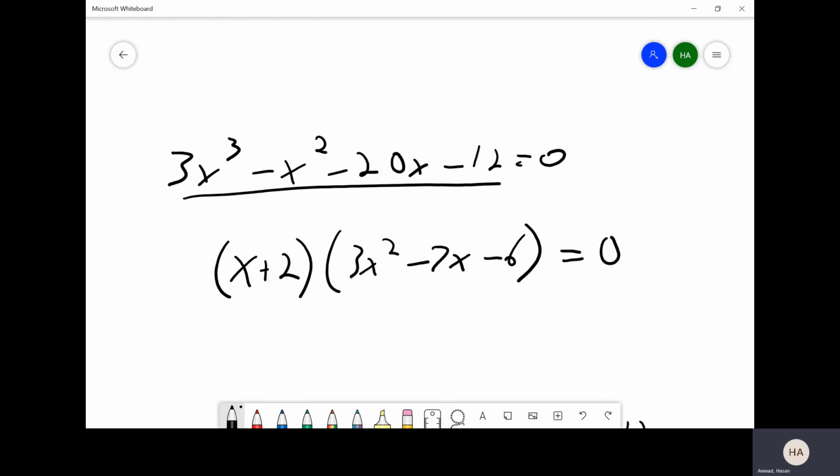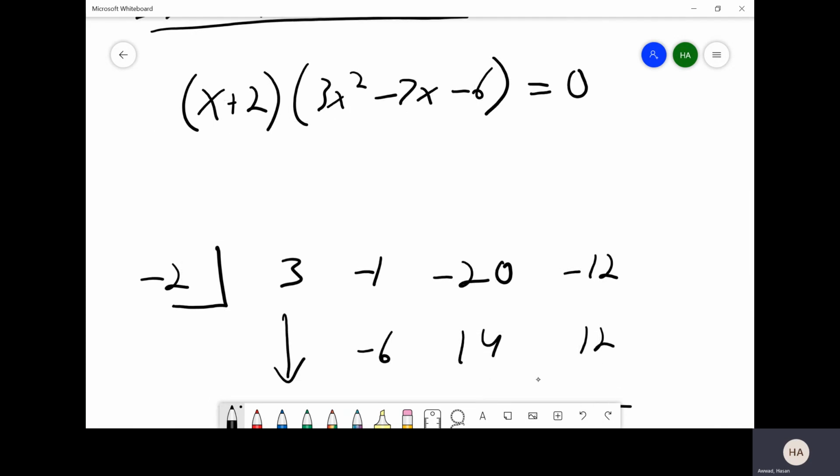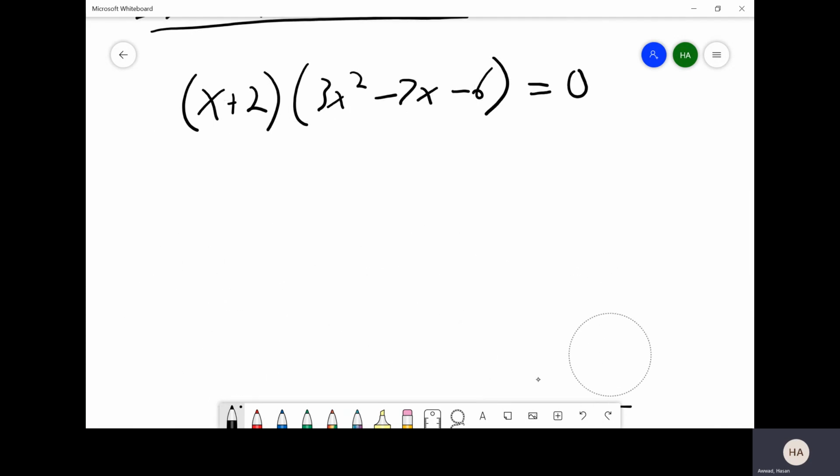So what we did is essentially we factored out the x plus 2, and we found what would be left over when we factor out x plus 2. Now we're just going to keep factoring, and we're going to factor the piece in the middle. Again, I'm just going to get rid of this for the sake of room here. So how do we factor that? Well, we're just going to keep the x plus 2 on the outside, but on the inside, you do a times c, right?